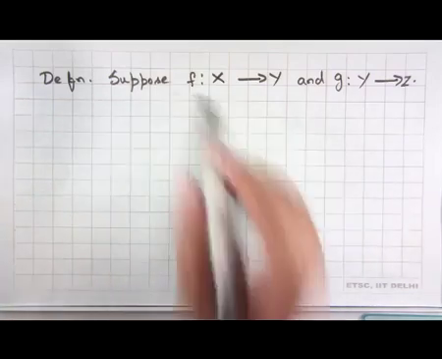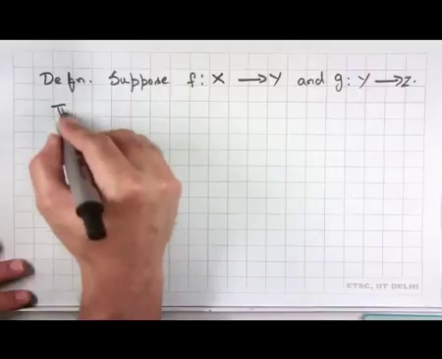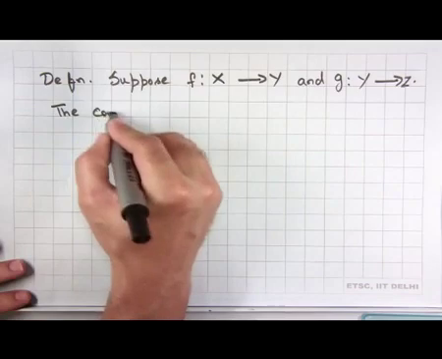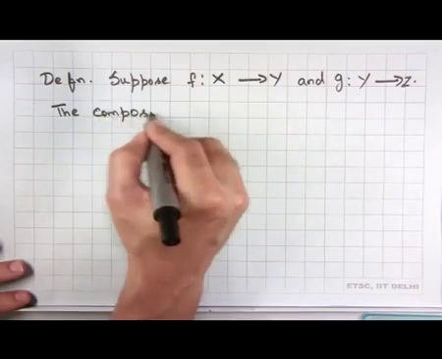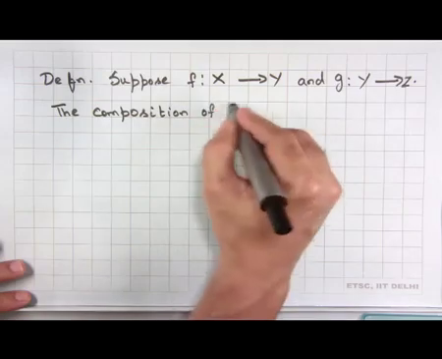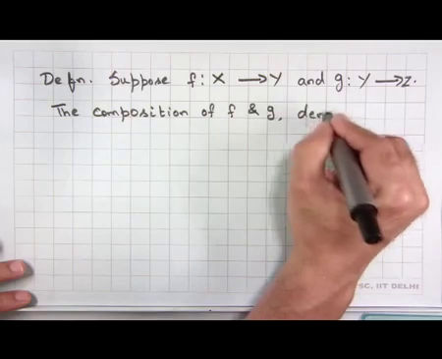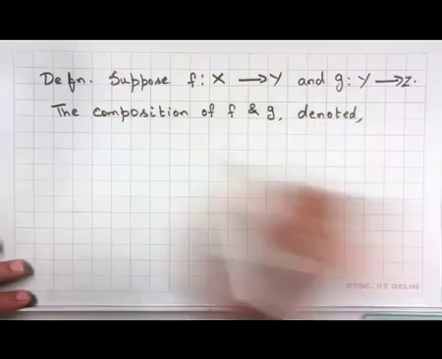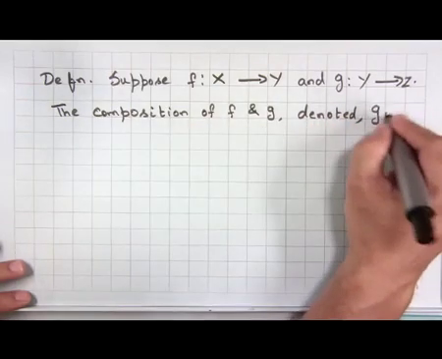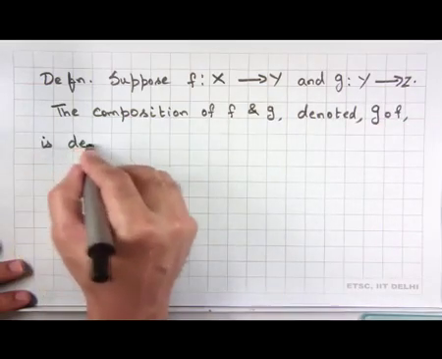So, given two functions f from x to y and g from y to z, the composition of f and g, denoted g composed with f, is defined as follows.